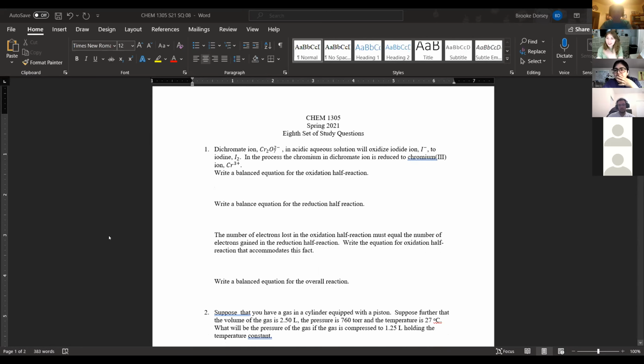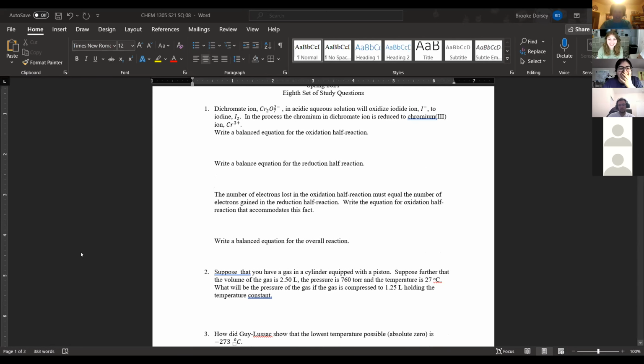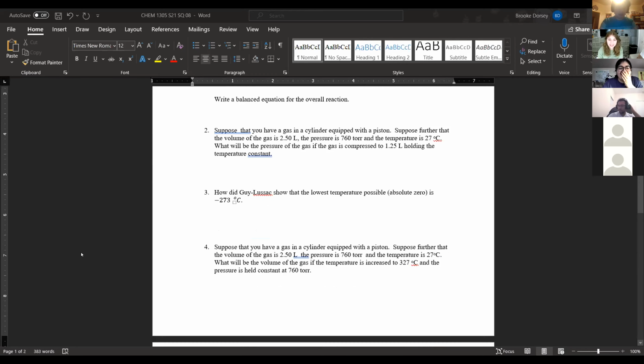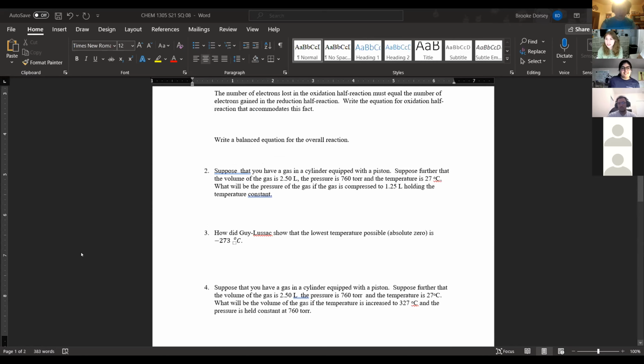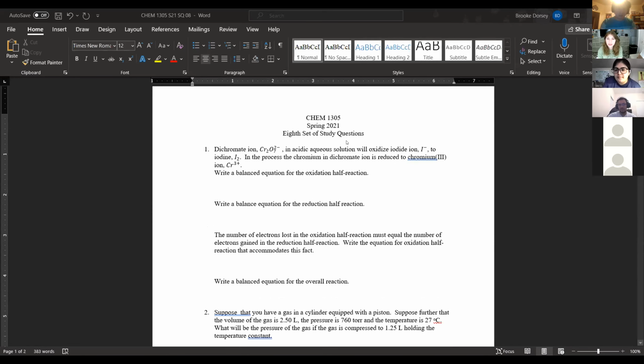These all look like gaseous law questions. Do you want to do these or the aqueous solubility ones with the molarity and all that?